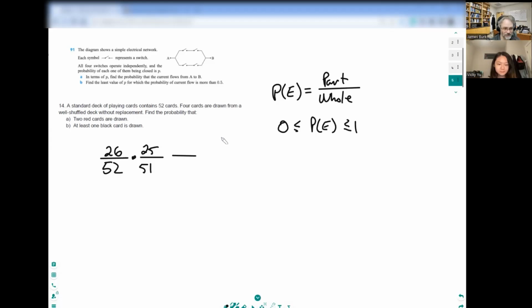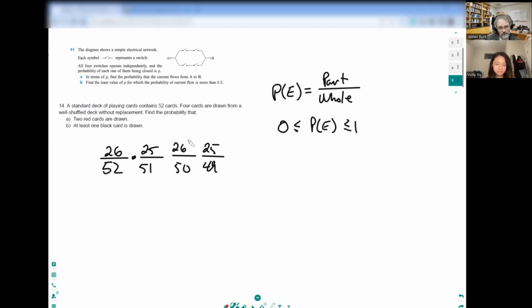Look at these problems, you do that. There's now 50 cards, but there's 26 black ones. There's 49 cards to choose from. Then there's 25 black ones to choose from. Now, because all these events are pretty much mutually independent, after I take one off the deck, I can shuffle it again if I want to.